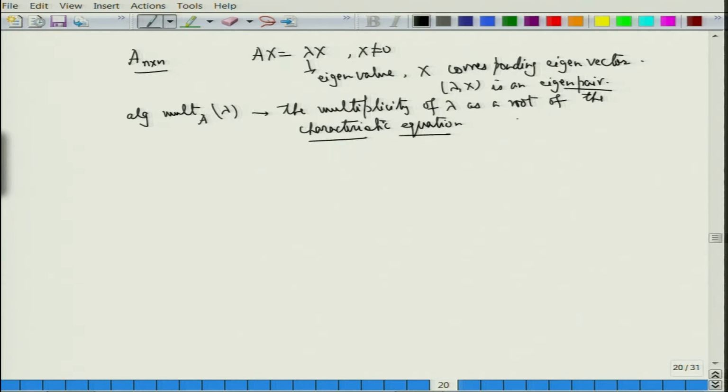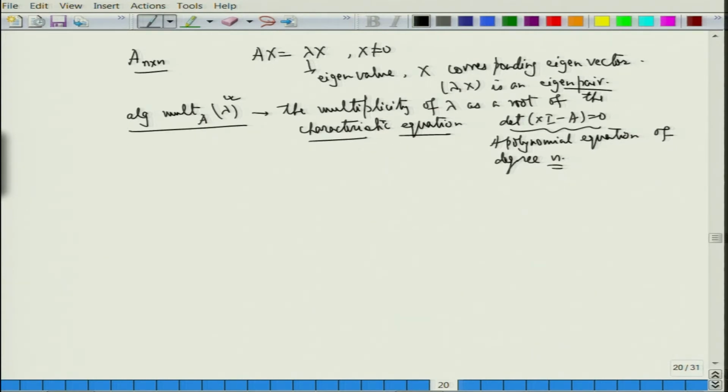So the equation, if you remember, was nothing but determinant of xI minus A is equal to 0, a polynomial equation of degree n, alright. So it has n roots over complex numbers, and we are looking at everything over complex numbers, fine. So you are assuming that lambda is an eigenvalue, and then you are looking at algebraic multiplicity. If lambda is not an eigenvalue, its algebraic multiplicity will be 0, it will not be a root of the characteristic polynomial, fine.